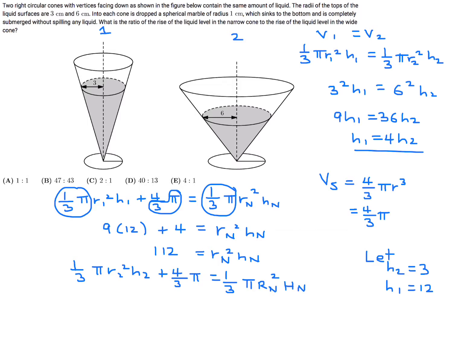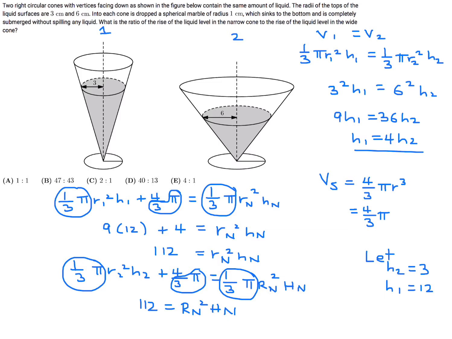So this is the same story here, and when you plug in the value, the pi over 3's cancel from everywhere, and then R in this case is 6, so that becomes 36, and then h2 I had given a value of 3. So 36 times 3, that is 108. 108 plus 4 is again 112. So 112 equals R_n squared H_n.